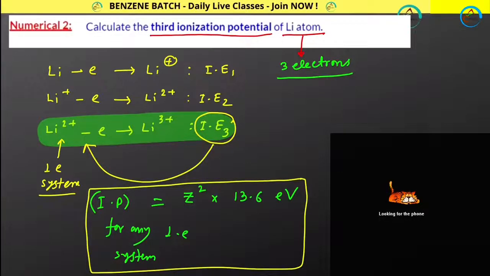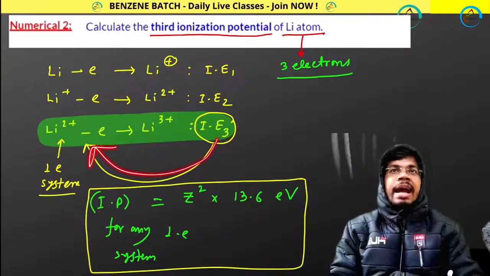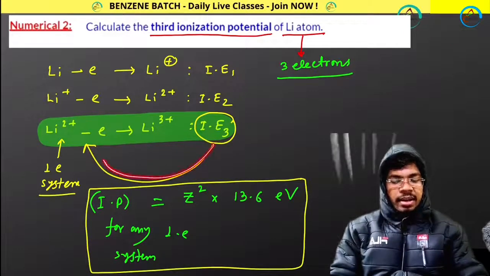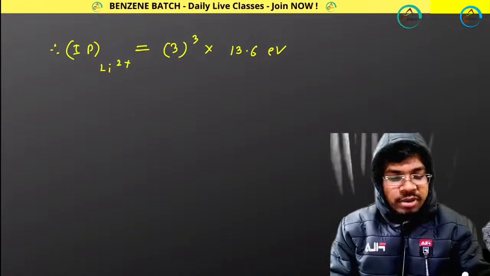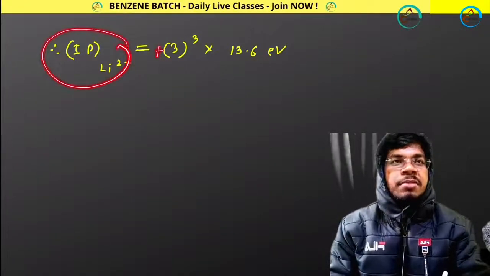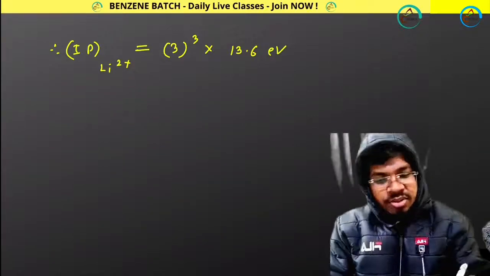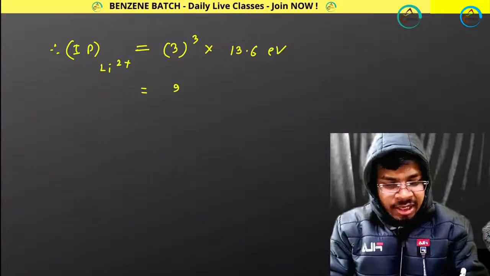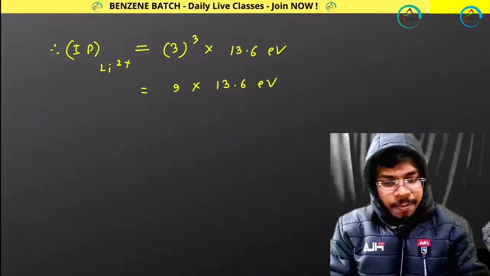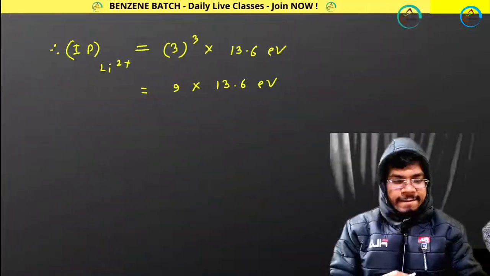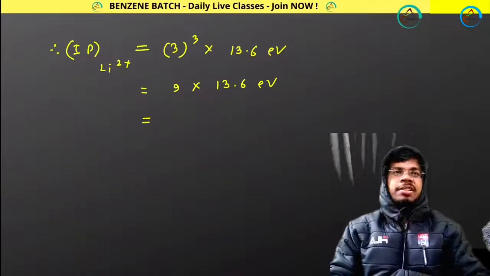Here you are adding energy to the system, and that is why your value is positive, not negative. This energy is ionization energy or ionization potential. So just multiply 9 by 13.6 electron volt. Okay, got it? Can you do the multiplication and tell me in the comment box?